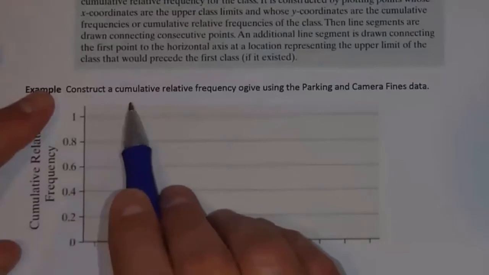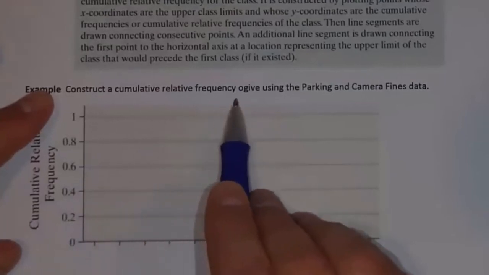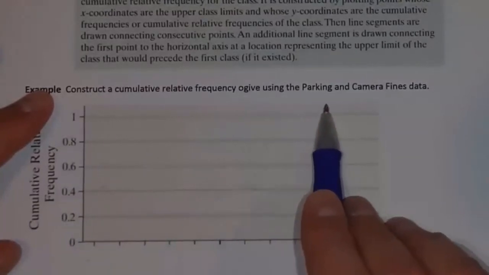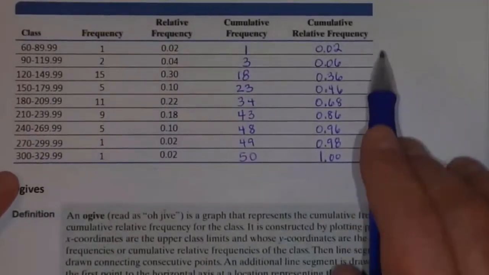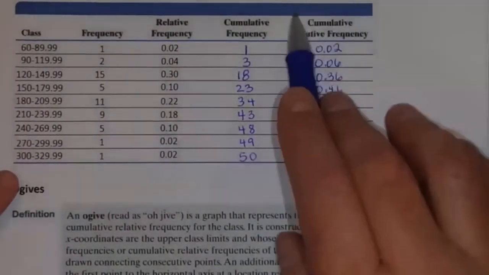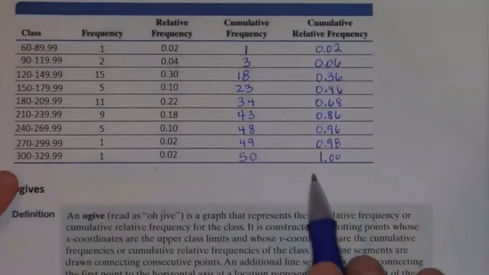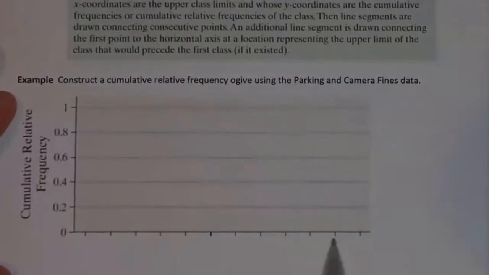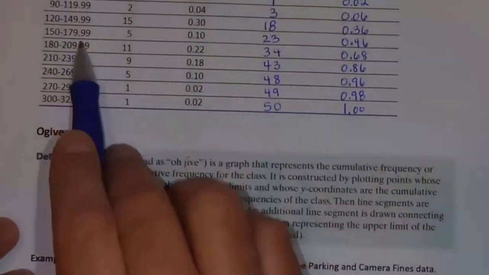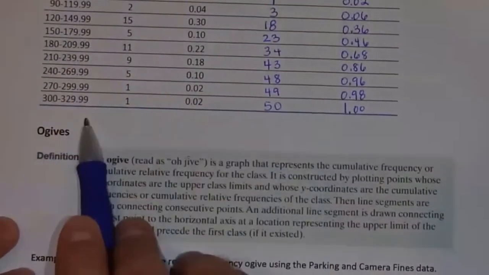So we want to construct a cumulative relative frequency ogive using the parking and camera fines data. So cumulative relative frequency ogive means we're going to be using the cumulative relative frequencies. So along the horizontal axis, I'm going to be using the upper limits of the classes.